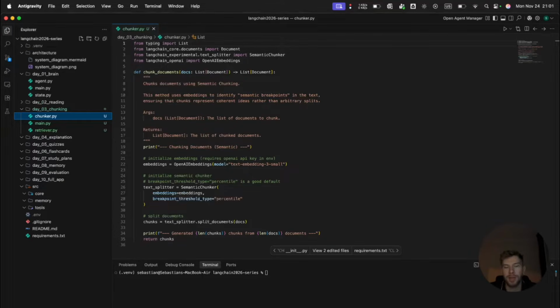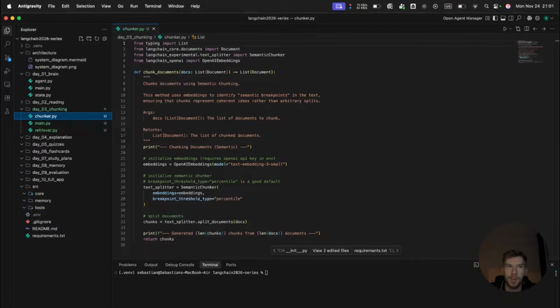Why do we use this hybrid retrieval that I was talking about earlier? Because we have to find the right chunk, right? Keyword search is great for exact phrases, and vector search is great for concepts. So instead of picking one, we combine both.